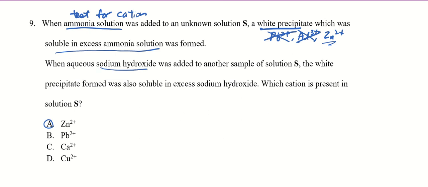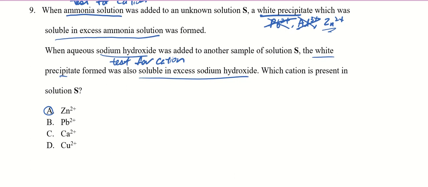Sodium hydroxide added. Again, we know that sodium hydroxide is a test for cation. We also get a white precipitate, and again it is soluble in excess, which means this is zinc 2+.